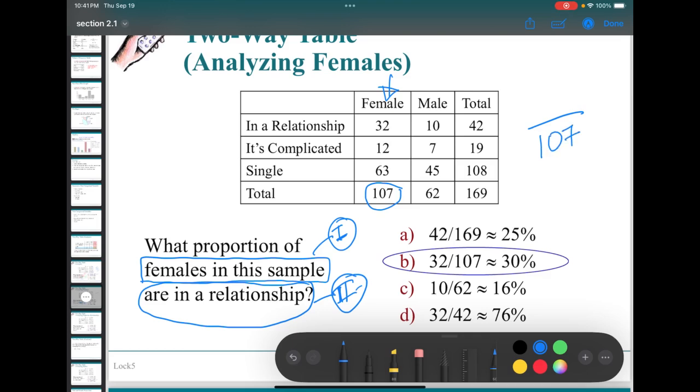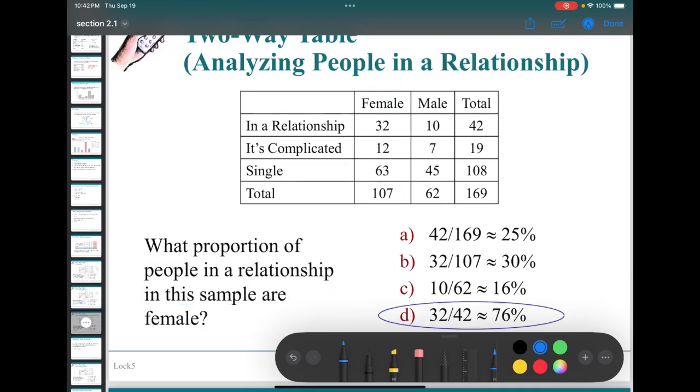Then in a relationship, this row crosses with this column, which is this. This is in a relationship for females, so it is 32. This is how we can find the number. Then you use your calculator to get the percentage.